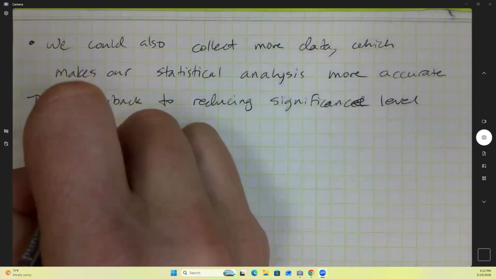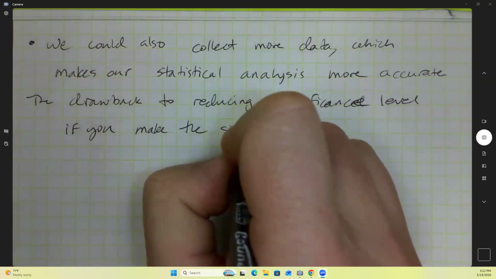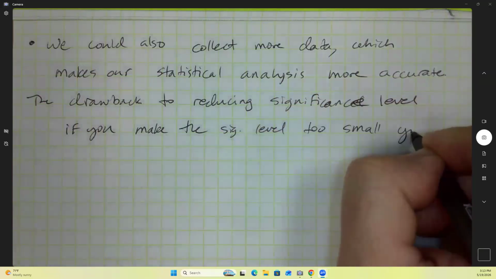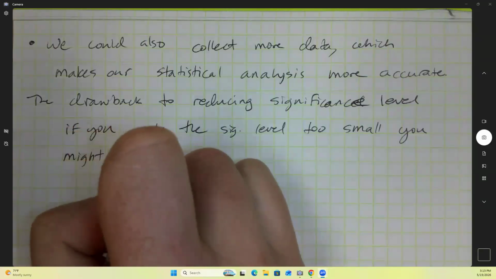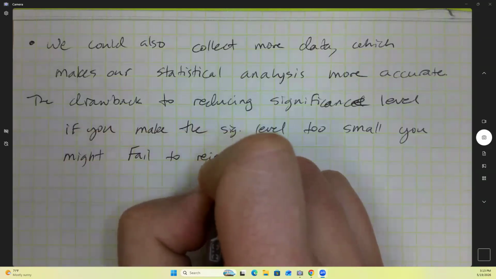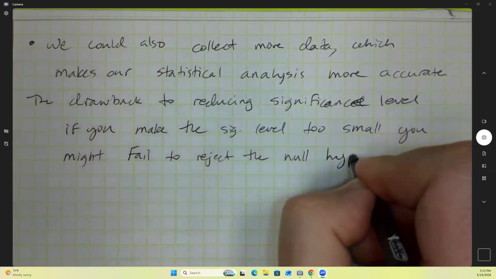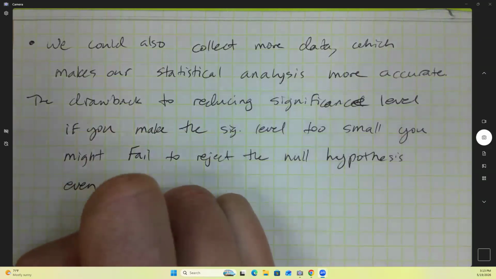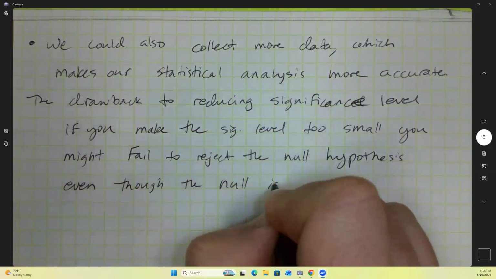If you make it too small, you might fail to reject the null hypothesis, even though the null is false.